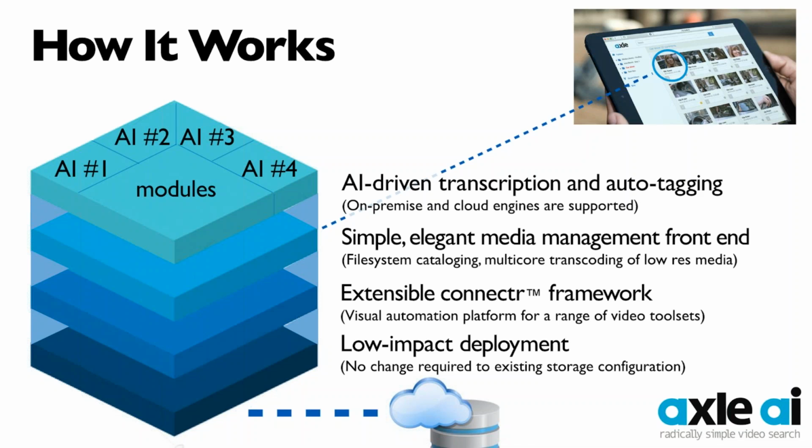And then our ace in the hole is that we don't require any change to your storage setup. You literally point Axle at the storage that you have. It has a particularly nice interface with Cloudian, but in principle, it works with almost any storage. So you can use Axle without having to rip up and restart your existing ways of working.